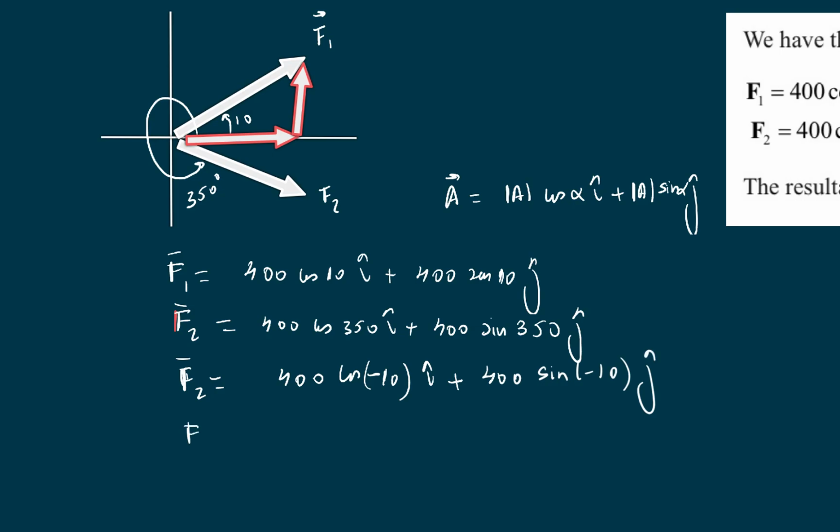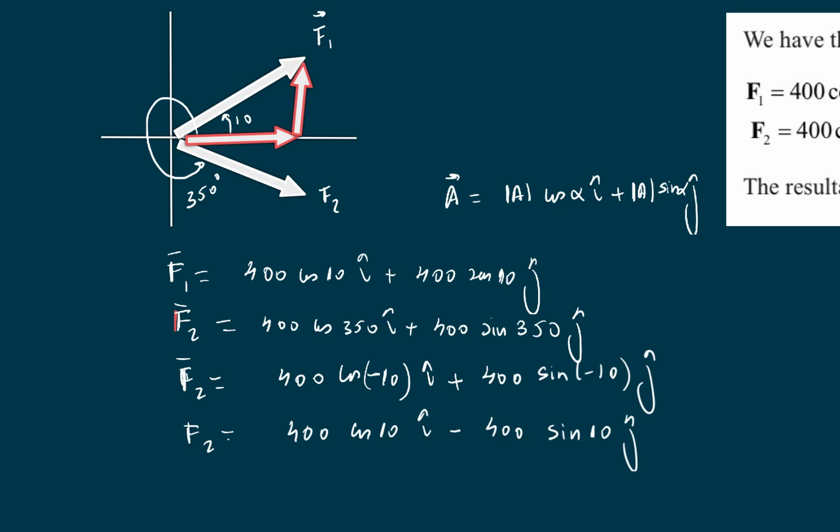Now, cosine of minus 10 and cosine of 10 are the same thing, and sine of minus 10 is minus sine of 10, so minus 400 sine of 10 in the j direction.